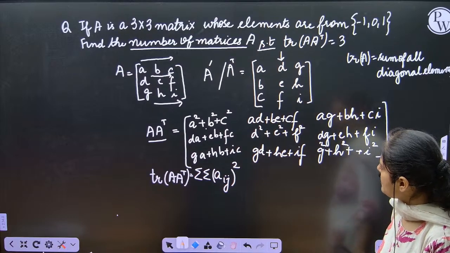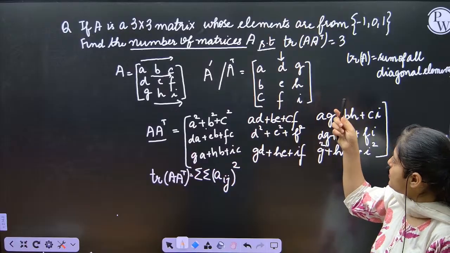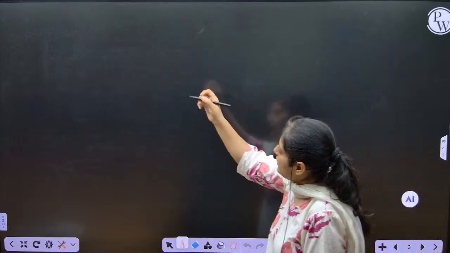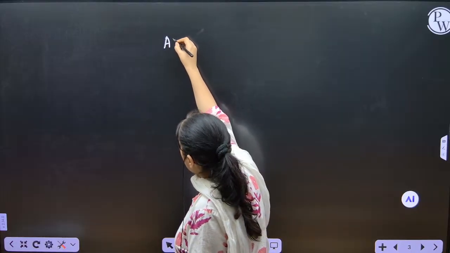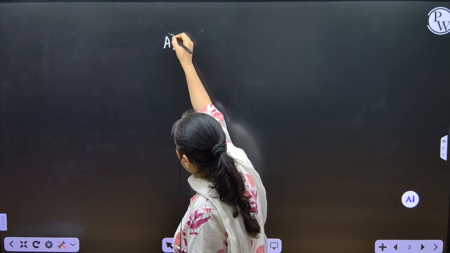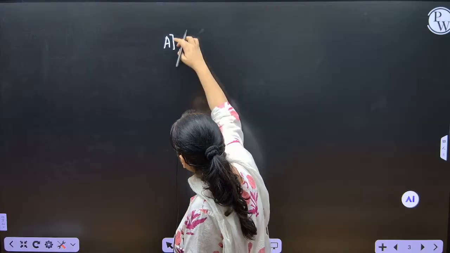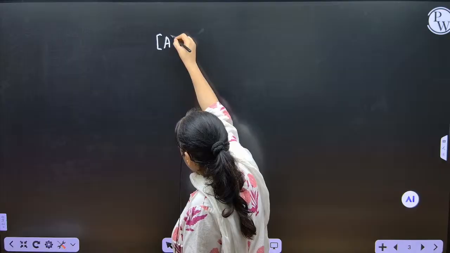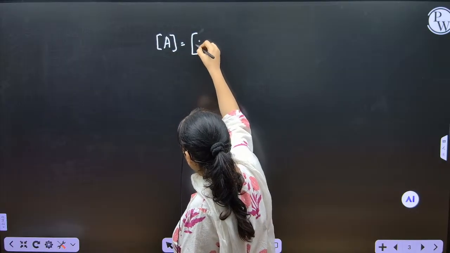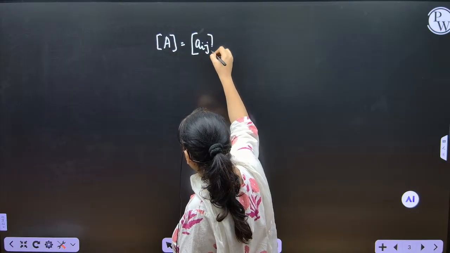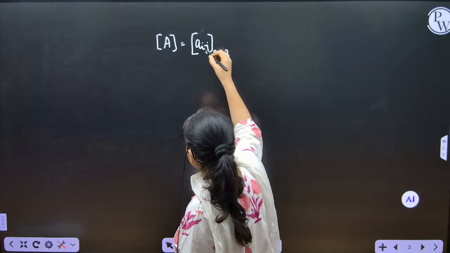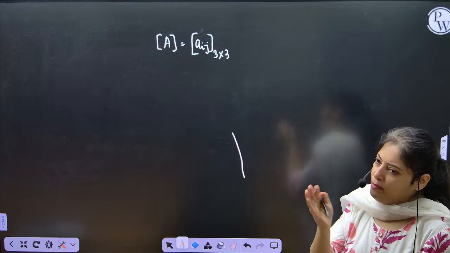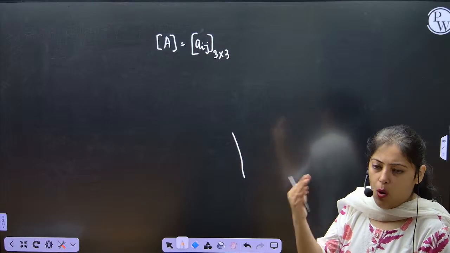Now the question is, if A is a 3 cross 3 matrix whose elements are from -1, 0 and 1. Matrix A is nothing but A_ij, a 3 cross 3 matrix, where the elements will be only either -1, 0 or 1.